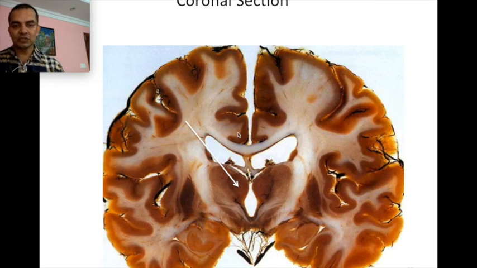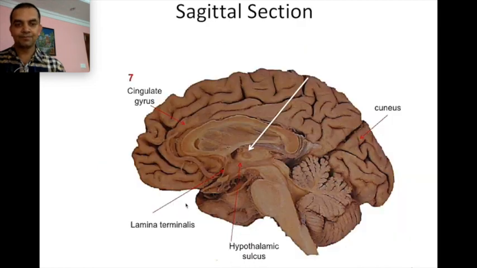In coronal section, this is corpus callosum, below which this is septum pellucidum. We have two lateral ventricles. We have the midline third ventricle, the lateral wall of which is formed by the thalamus on either side. Here again we have the internal capsule, and we have lentiform nucleus here.